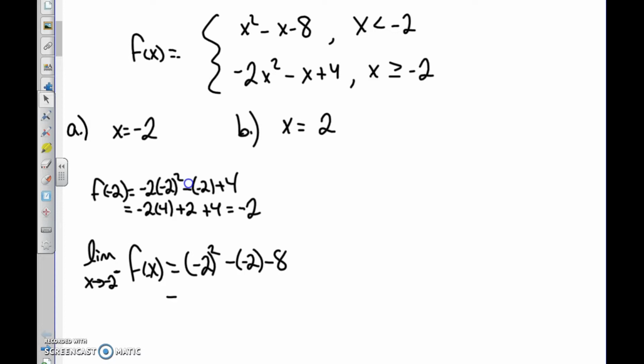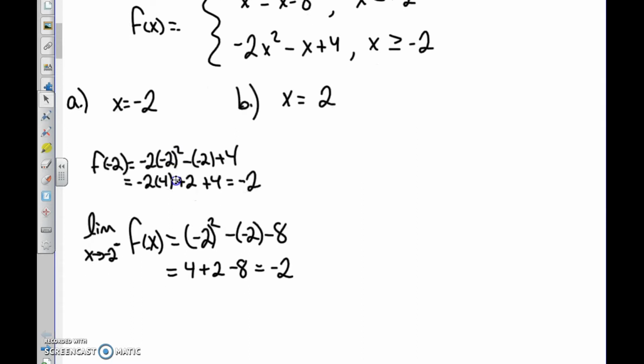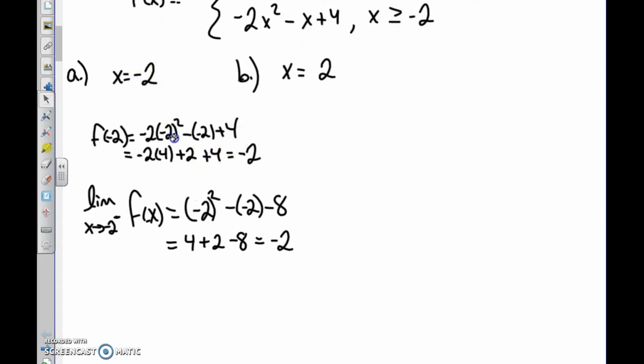Alright, so when I evaluate that, that would be 4 plus 2 minus 8. 4 plus 2 is 6. 6 minus 8 is negative 2. So, as I look at this, I can see that I've got a value that it's defined at that's equal to my left-hand limit. So far we're good.